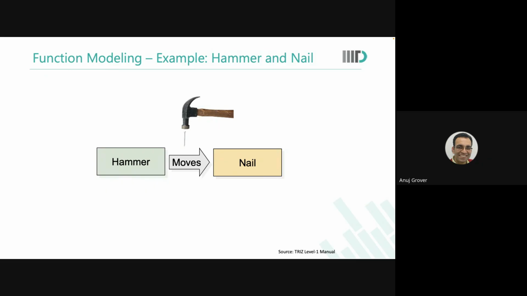What is important is to record whatever you know or whatever you understand about the system accurately and correctly. Is it okay? So a hammer moves nail is a function. What is the function carrier? Hammer. What is the function object? Nail. And the function is moving, represented by changing the parameter of the nail, position of the nail.